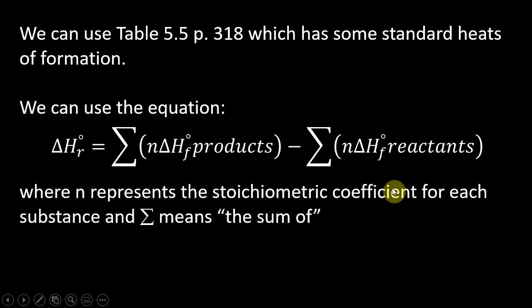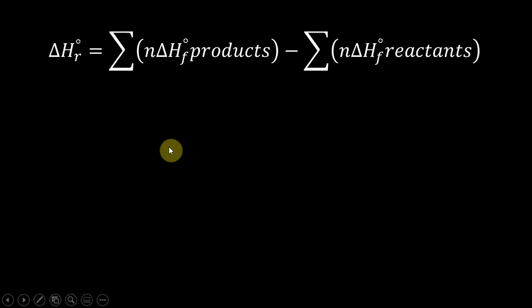All right, so the symbols that you may not have seen before, the big sigma is just the sum of, and the n values represent the stoichiometric coefficients that are in front of each of the reactants and products in the reaction equation. All right, so that's what it looks like.